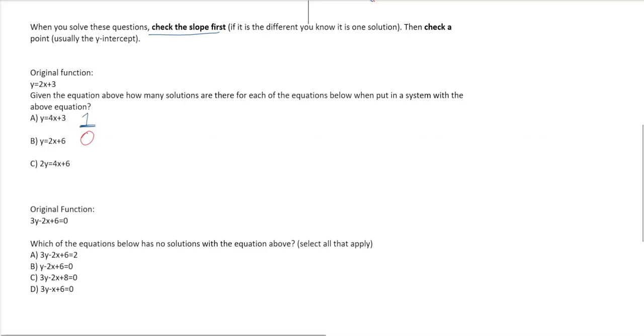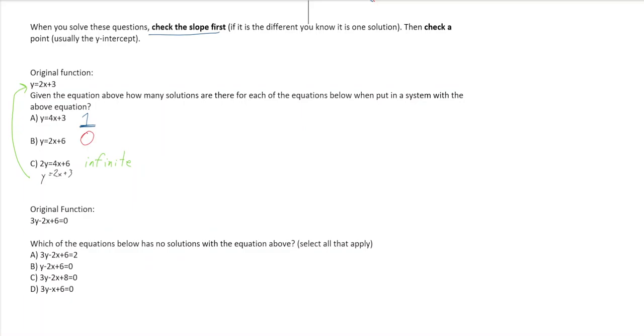Okay, and then our last situation here, we're going to have to do a little bit of rearranging, so divide by 2 everywhere. And once you do that, you can see that it's actually the same equation as above, so it has the same point and the same slope, so there are infinite solutions to that solution set.